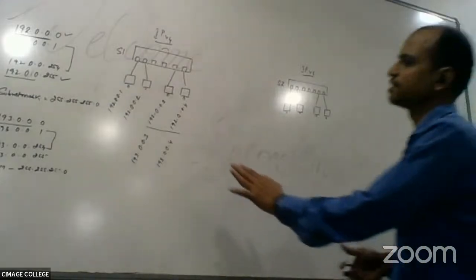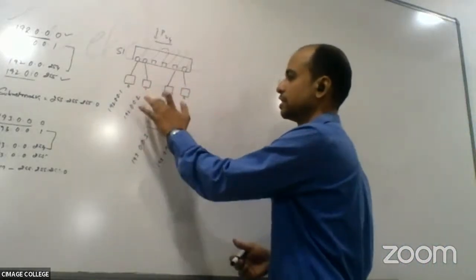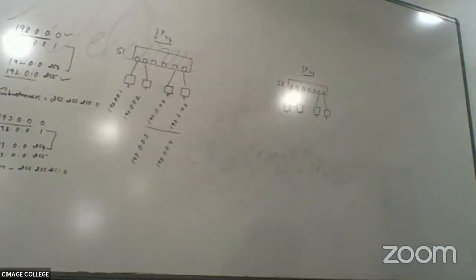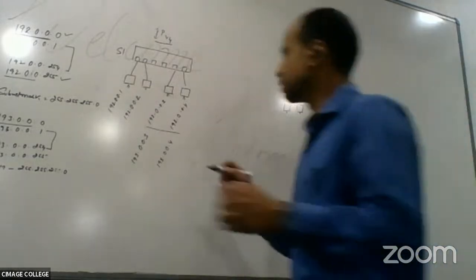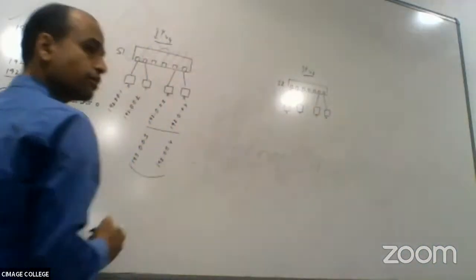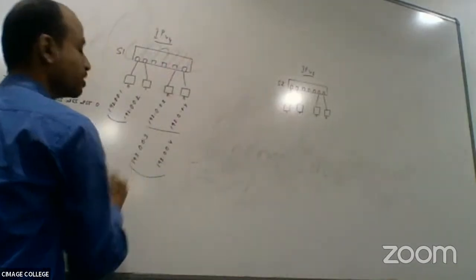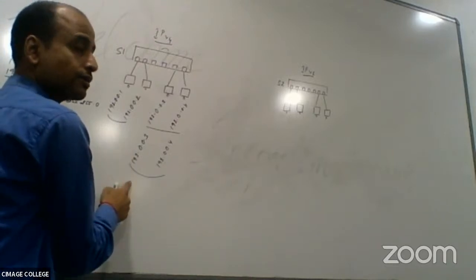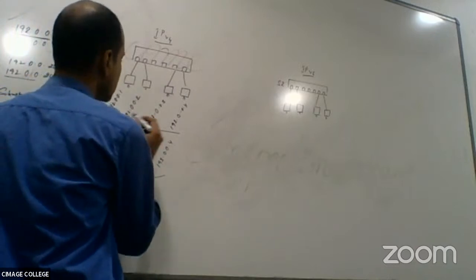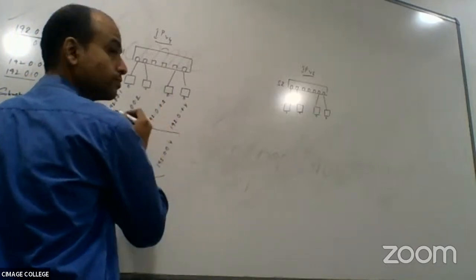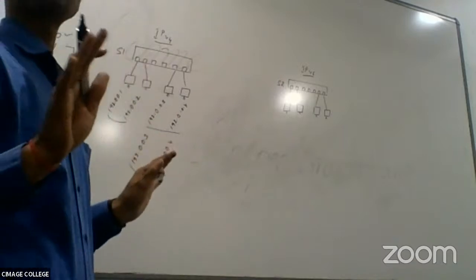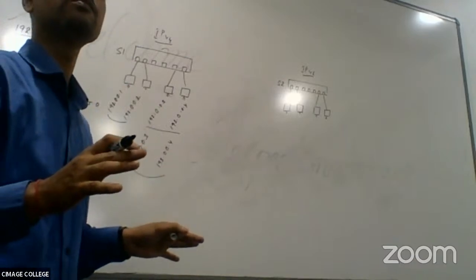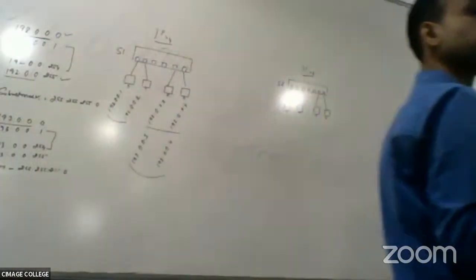If I will change the IP address of these two nodes, these two nodes will communicate with each other, and these two nodes will communicate with each other in second case, because there is a network change. And in first case, all these nodes will communicate to each other. Is that clear? This is the meaning of different network. Point is clear to everyone or not?